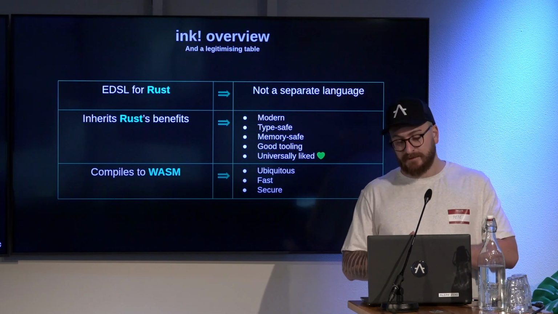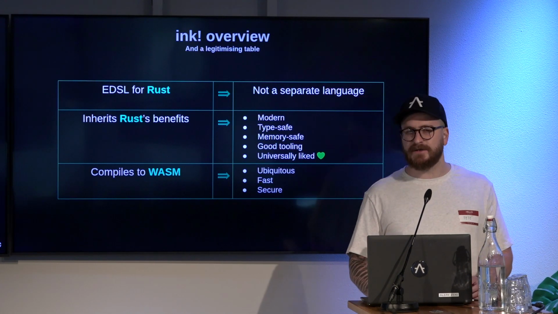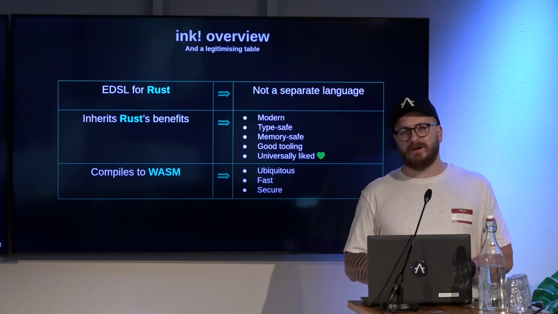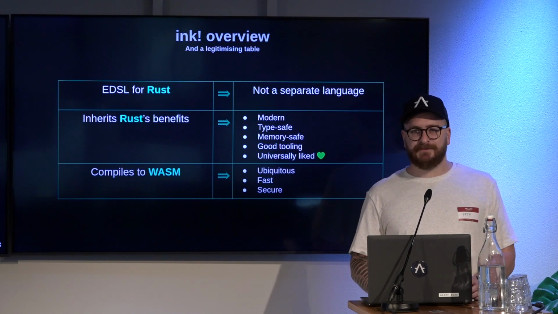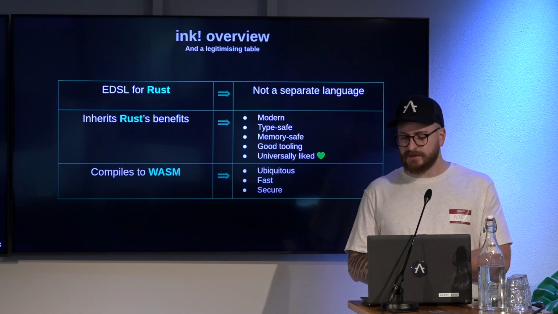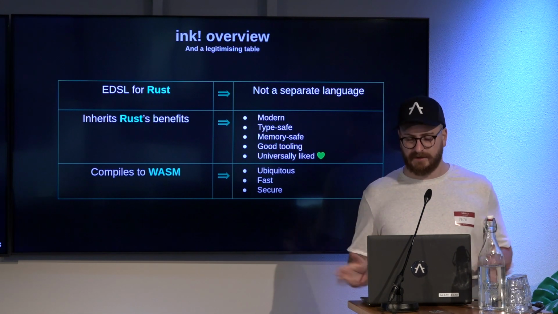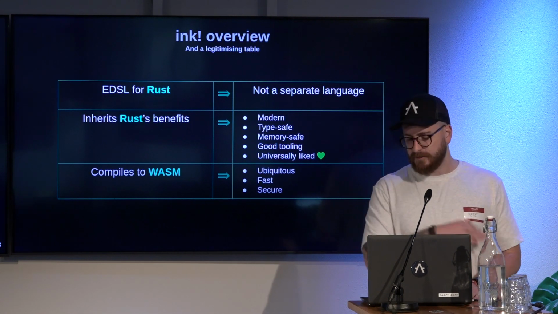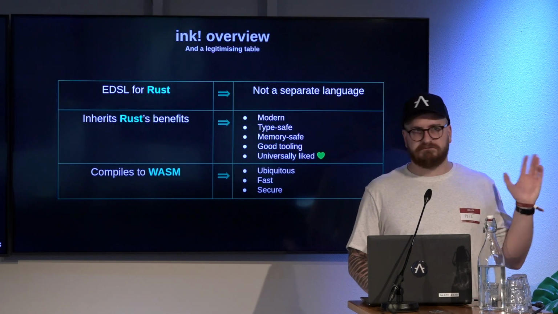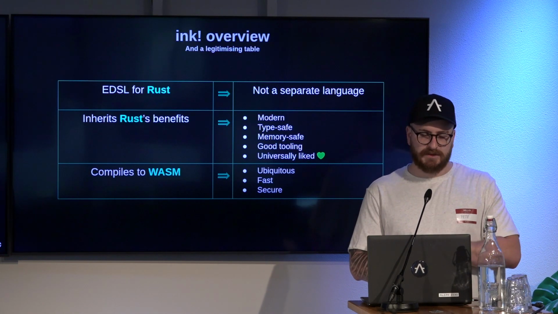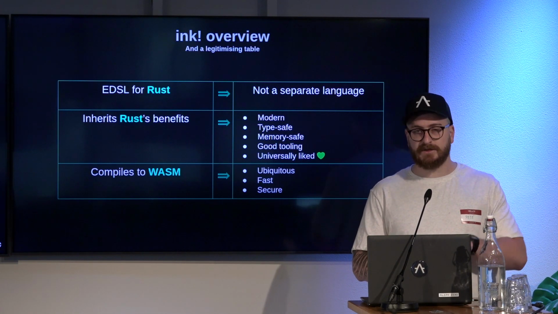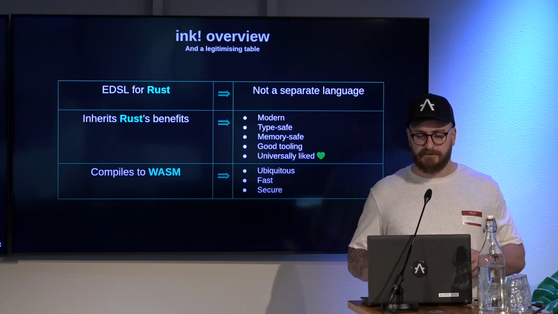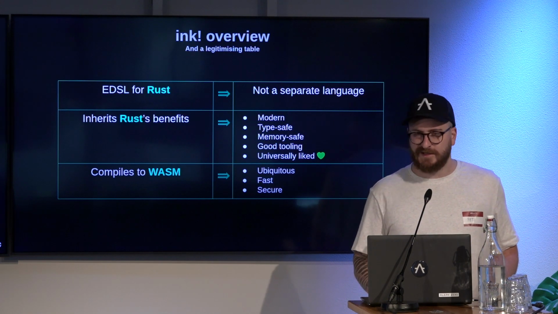But being a subset of Rust, it inherits some of Rust's benefits. Actually, most of them. First of all, it's a modern language. If you look at the history of programming language research over the last 20 years, Rust, and Ink by extension, really makes use of the best discoveries.